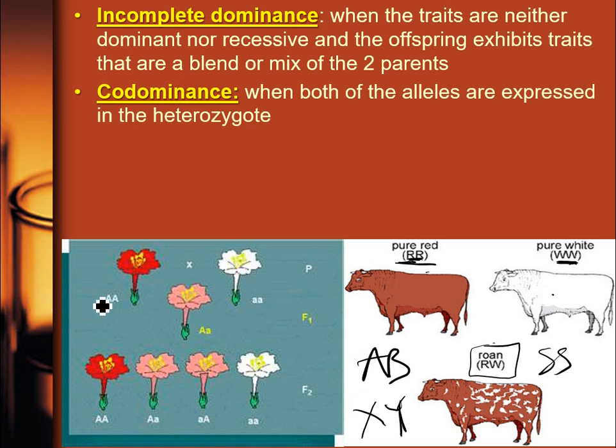But when it comes to incomplete, this is when the traits are neither dominant nor recessive, and the offspring exhibit traits that are a blend or mix of the two parents. Now you can see this is parent A. I'll use the words parent 1, parent 2. Parent 1 has the homozygous dominant alleles, while parent 2 has the homozygous recessive alleles.